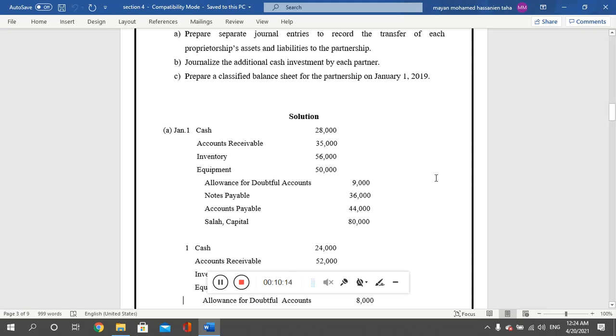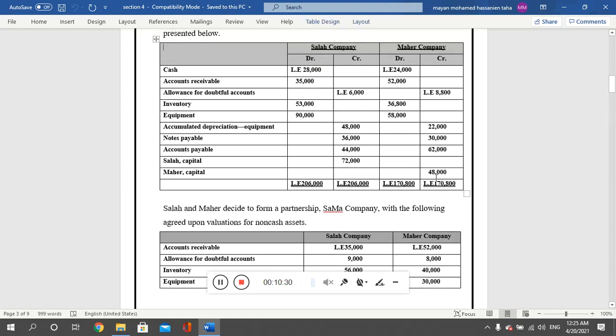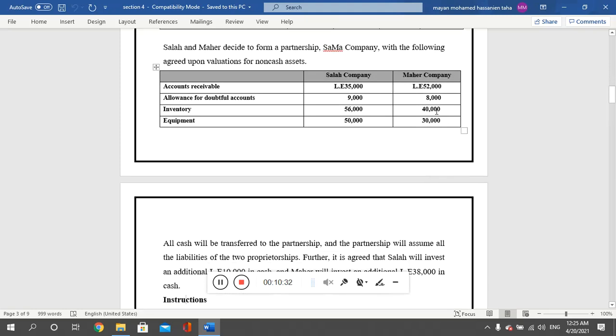Okay. After that, we also have inventory. Before valuation it was $53,000, and after valuation it was $56,000. As we said before, we will take the number after valuation from the second small table. This is the number that I will shade with colors here.